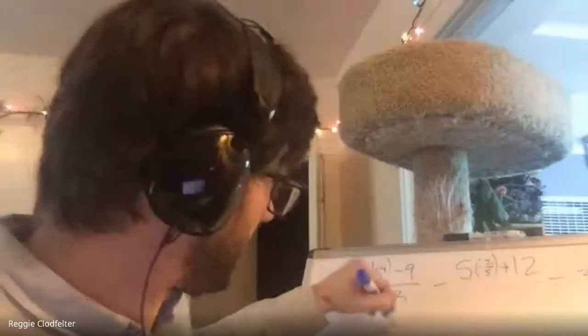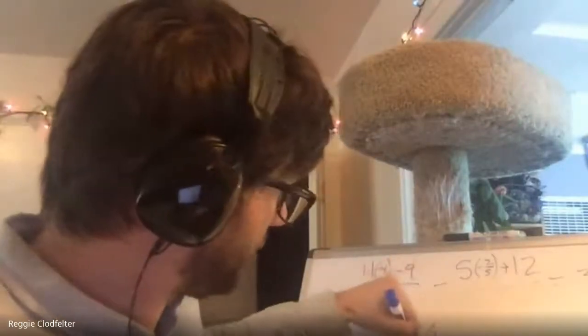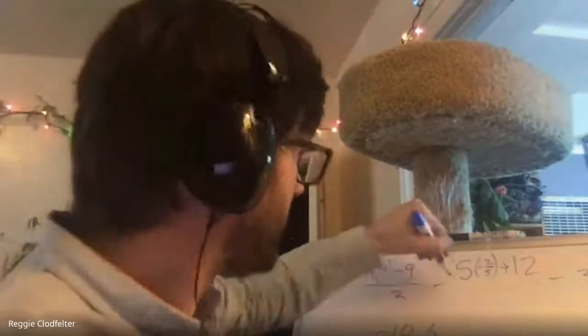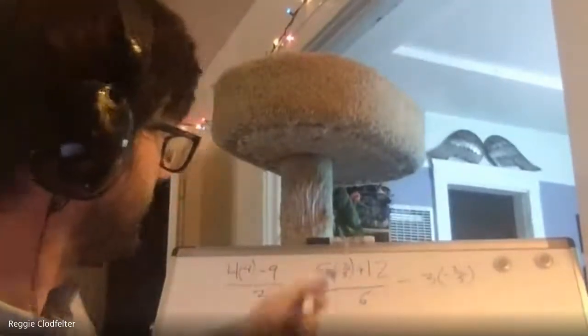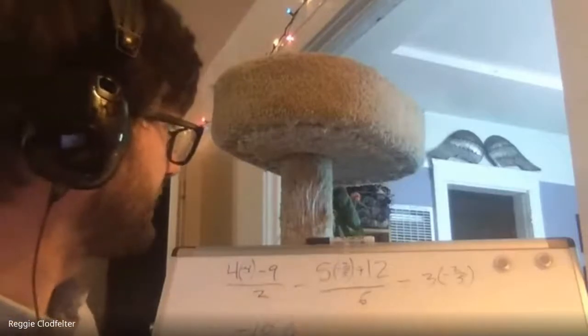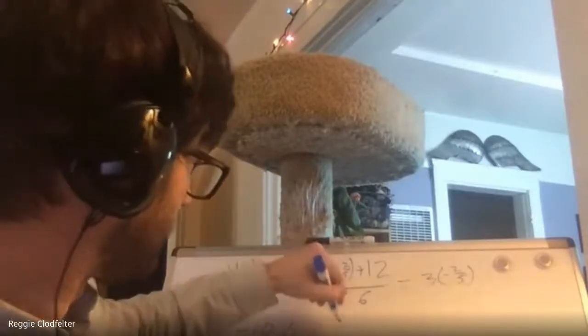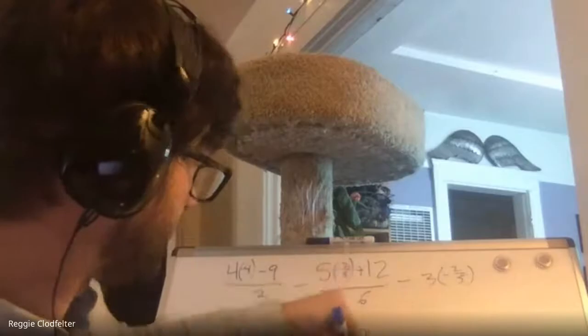Same. So this is negative 10.6 over 3. I can see where I messed up, I believe. You move it down so we can see it. Over here I have 5 times negative 2/5, which is negative 2 plus 12. So minus 10/6.